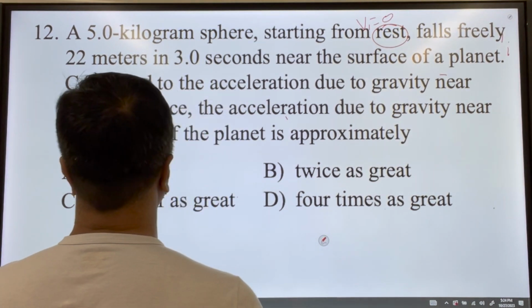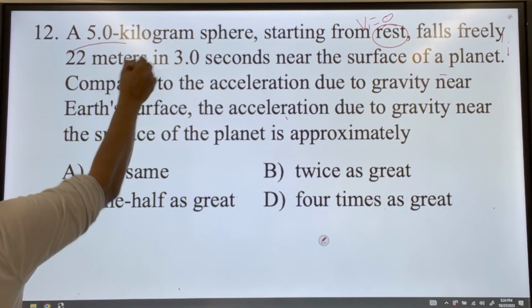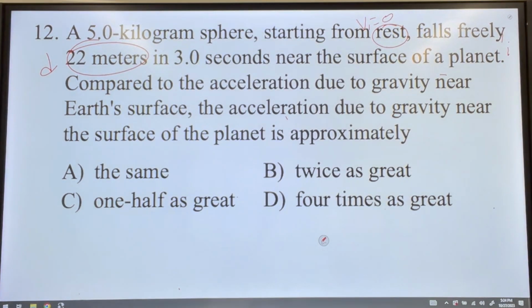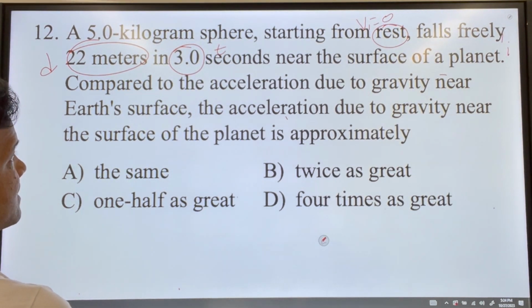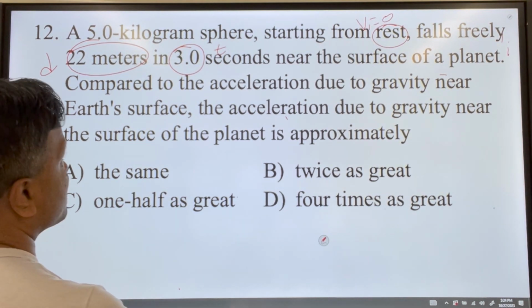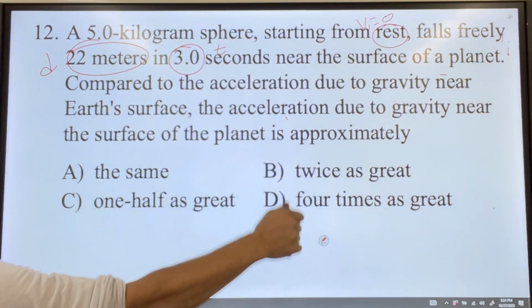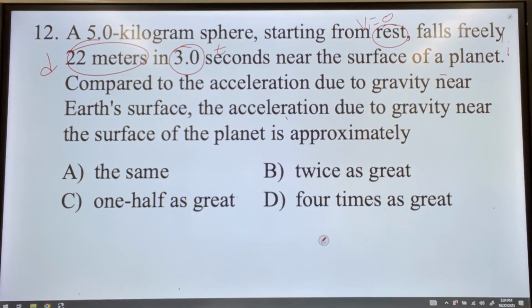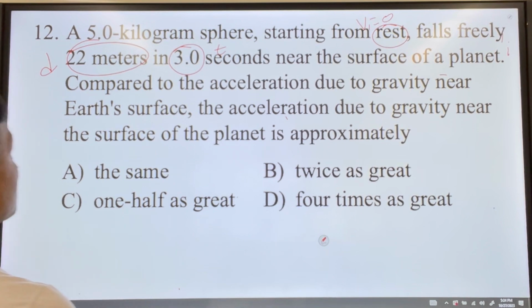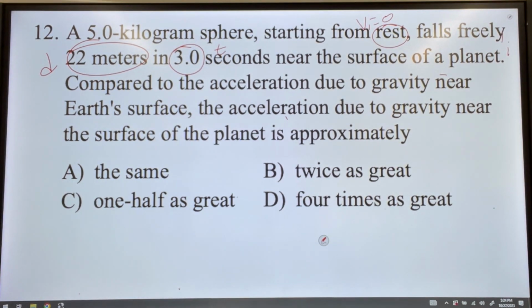It falls freely 22 meters in 3 seconds, near some planet. On Earth, in 3 seconds an object can fall 45 meters. Here, in 3 seconds it falls only 22 meters, so it's not Earth, probably the Moon, not sure, or something else.